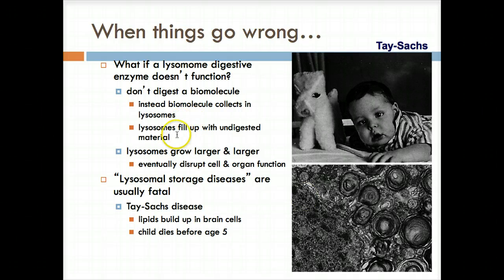So eventually what happens is the lysosomes begin to grow larger and larger within the brain. We call this a lysosome storage disease, and the lipids begin to build up within the brain cells. Typically, the child dies before the age of 5. So this would be an example of a lysosome function that has gone bad, right? It no longer works anymore, and it is a genetic disorder. You can't break down lipids within your brain.